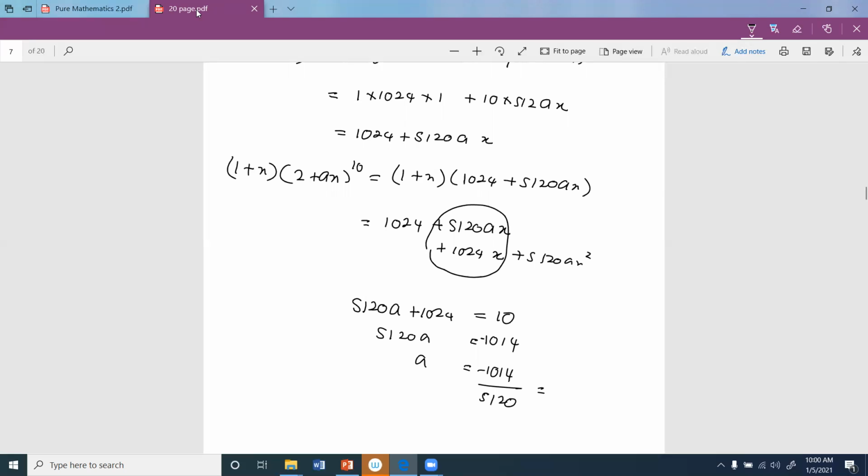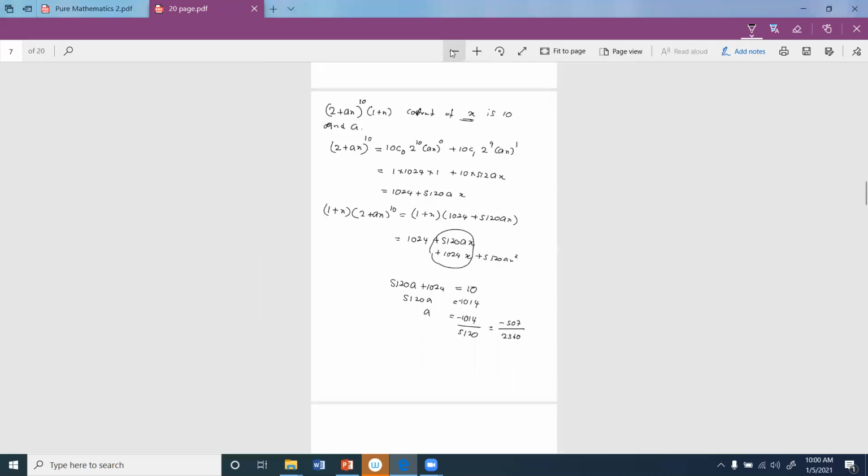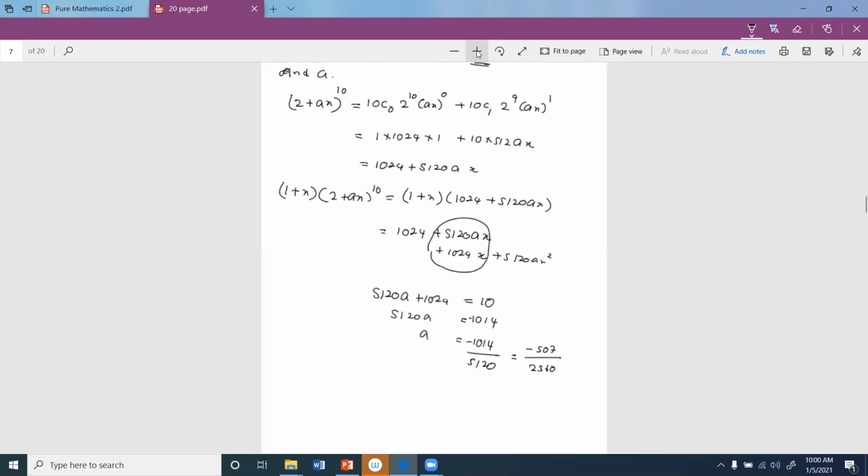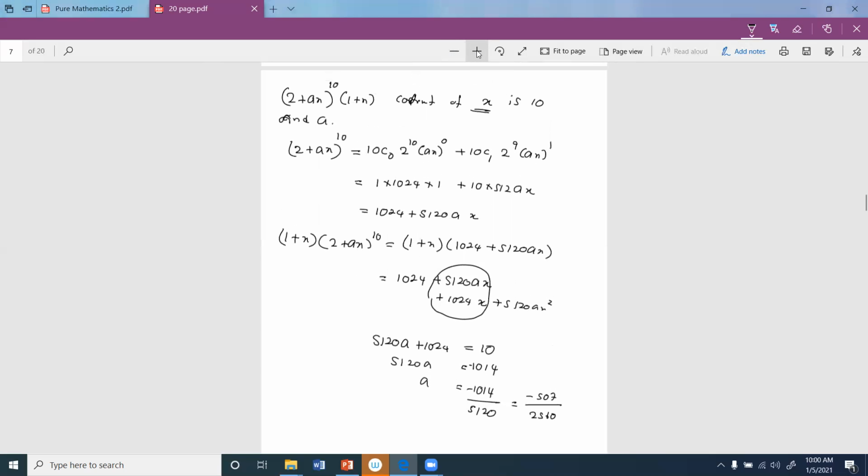With that you get the answer: minus 507 divided by 2560. That is the answer for that. So simply you can obtain the answer in this way. Just minimize this thing, then you can see the entire question at once. This is the expression, this is the question, and this is how you need to answer that kind of question.